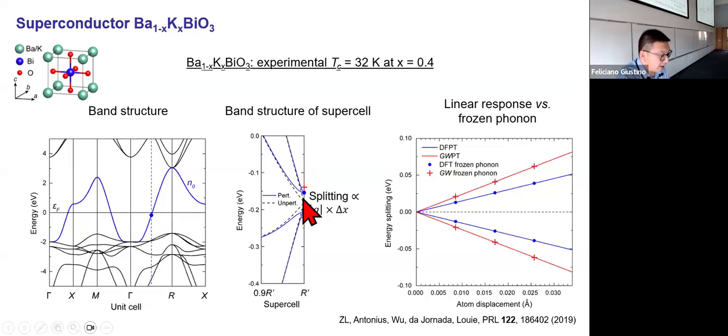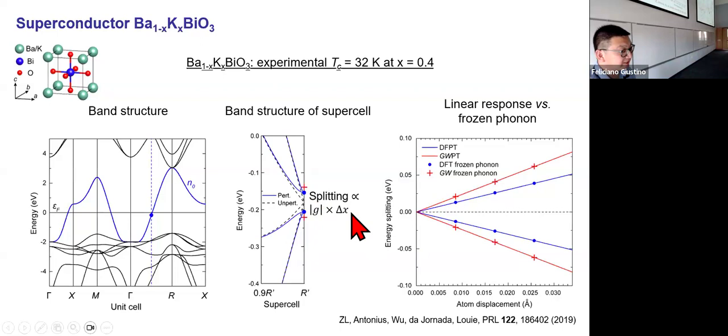And then we have these dashed bands when the crystal structure is not perturbed. Now, if we include atom perturbations, they start to split, right? And as I mentioned earlier, the splitting is proportional to g times delta x, your displacement.